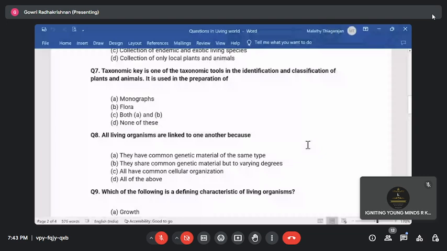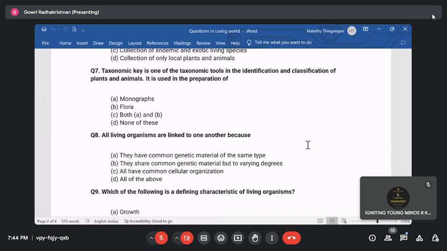Now next, question number 7. Taxonomic key is one of the taxonomic tools in the identification and classification of plants and animals. It is used in the preparation of... okay, what are monographs?